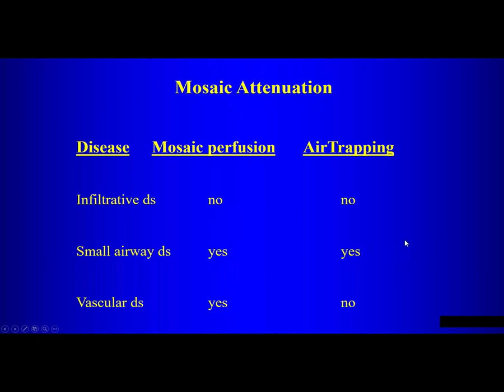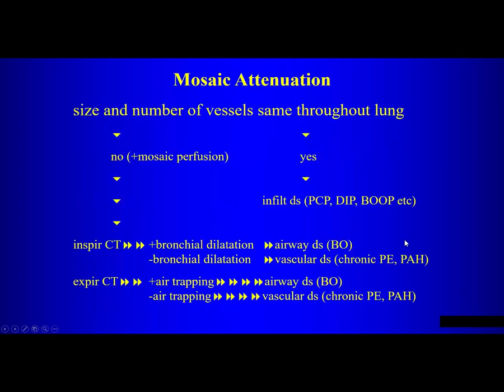And then I've given you this little chart of everything. It's kind of a review of everything we've already gone through for how we approach mosaic attenuation. So if you have mosaic attenuation, you look at the size and number of blood vessels throughout the lung. If they are preserved and you think of infiltrative diseases, then the ground glass you're seeing is abnormal, so pneumocystis pneumonia or some other things that can do that.